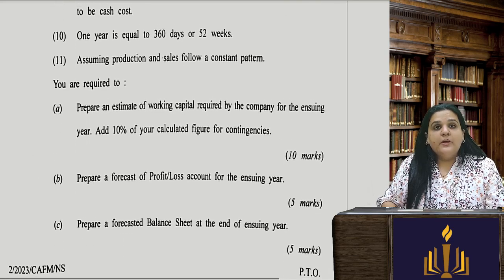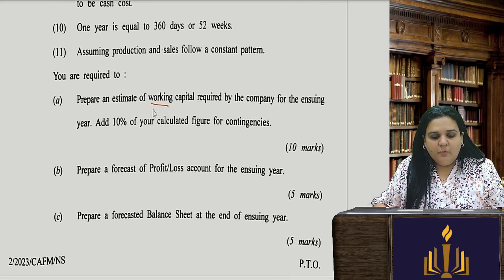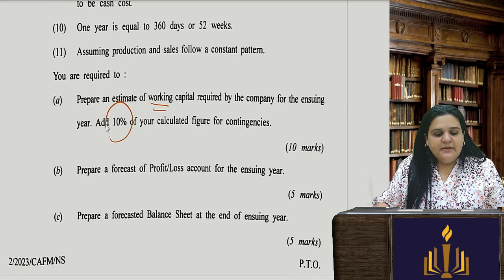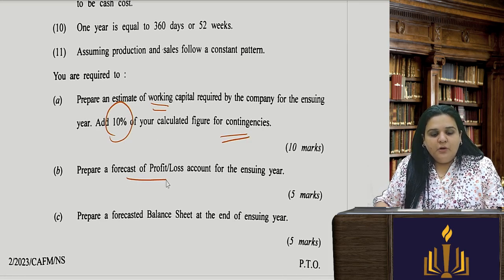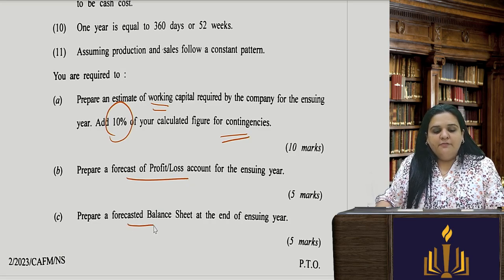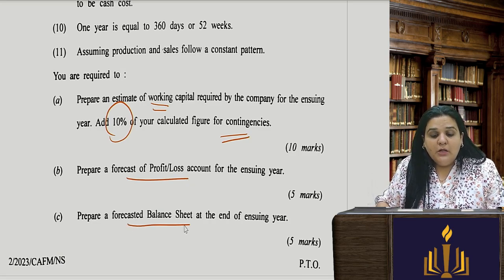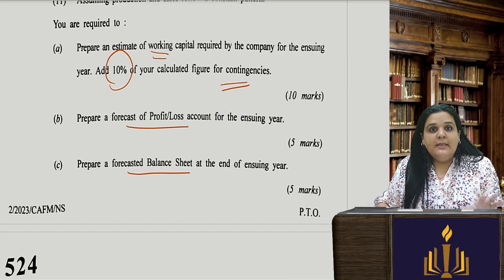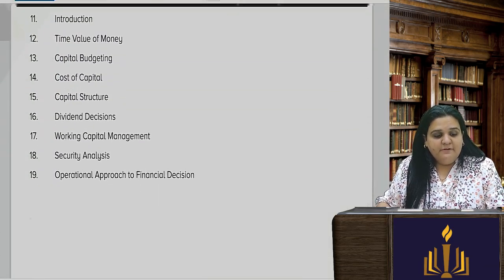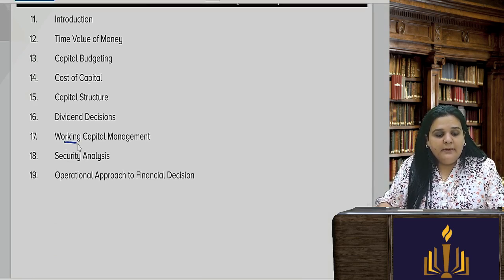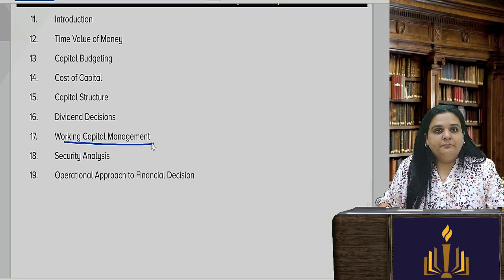You are supposed to estimate the working capital required, add 10% for your contingencies, prepare a forecasted profit and loss account and a forecasted balance sheet. So the first 20 marks, 10 marks plus 5 plus 5, it is all about working capital management.